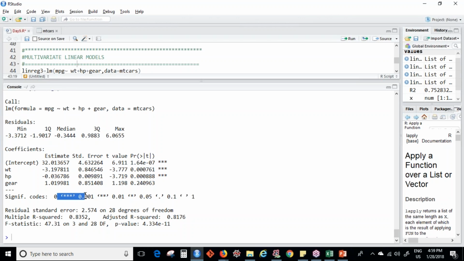If it is between these two values, it will have 2 stars. If it is between these two, it will have 1 star. Now our p value for gear is 0.24. 0.24 lies in the range between 0.1 and 1. So that is why you don't have anything here.